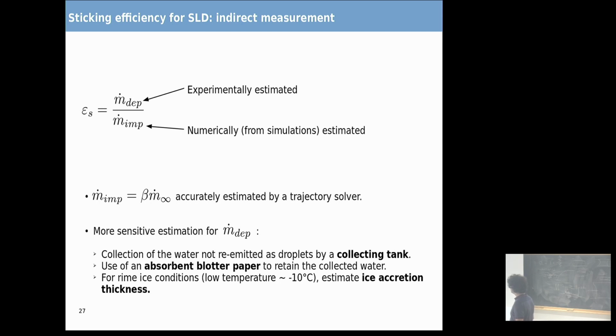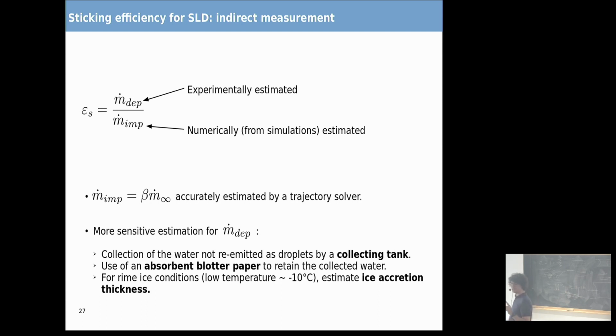We tried three different things to estimate the deposit. First, we use a direct measure to collect the amount of liquid water which deposited on the wall, using a collecting tank. Another one is the use of an absorbent blotter paper, which is stuck on the profile to collect the water.